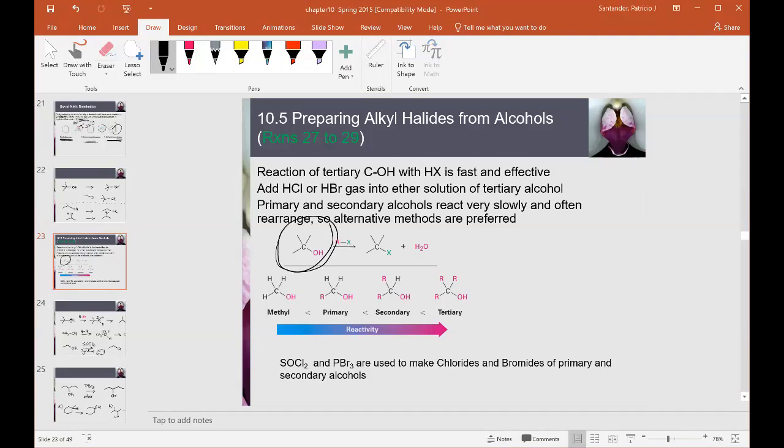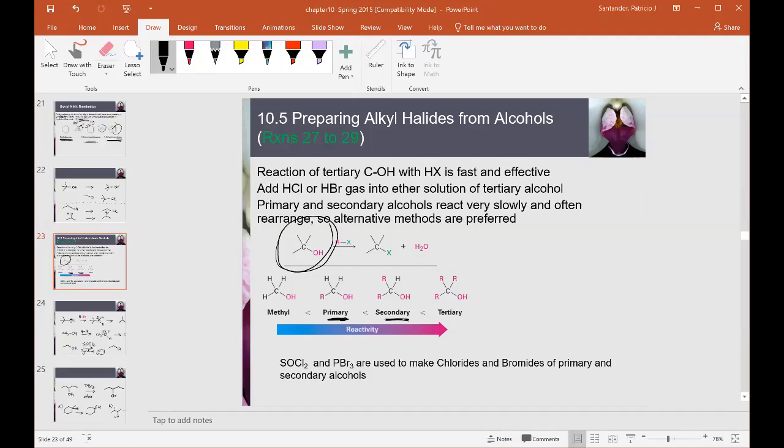But if you want to make a secondary alcohol or a primary alcohol into the corresponding halide, in that case, the reaction with acid doesn't work, or it doesn't work so well. So that's why we have an alternative reagent.